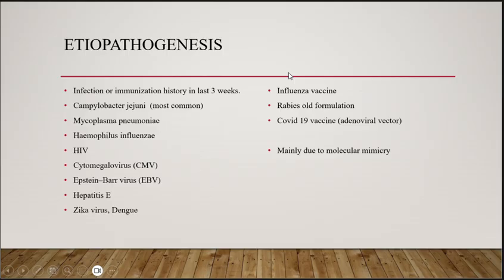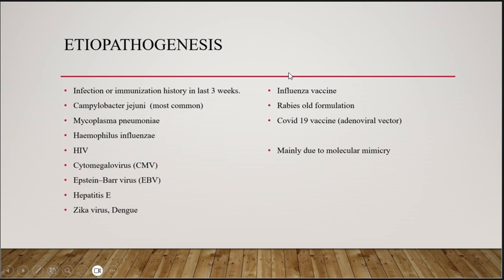Etiopathogenesis. Most of the cases will have either an infection or immunization history in the past 3 weeks, or any autoimmune condition, and the most common organism usually noted is Campylobacter jejuni. The other organisms found are Mycoplasma pneumoniae, Haemophilus influenzae, HIV, CMV, Epstein-Barr virus, hepatitis, Zika virus, and dengue.